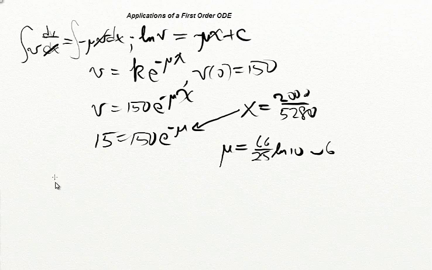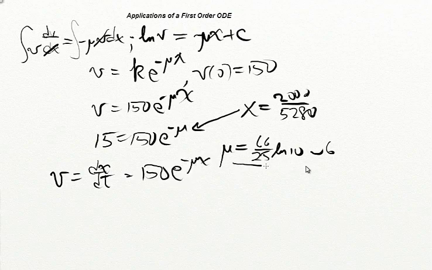Well, that's obtained as follows. V, remember, is dx dt, and so that's equal to 150 e to the minus mu x, where mu is this value up here.